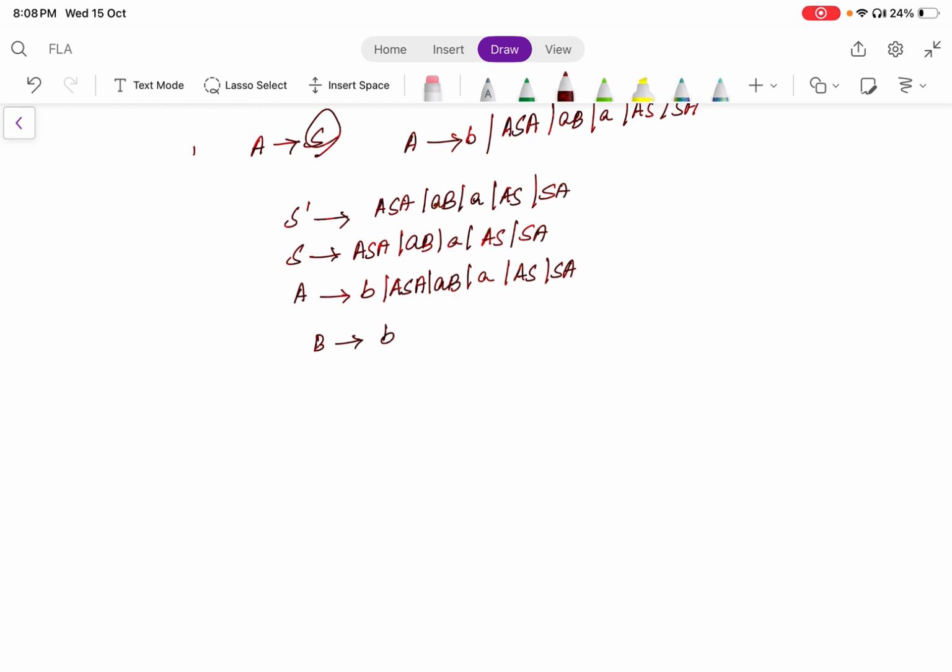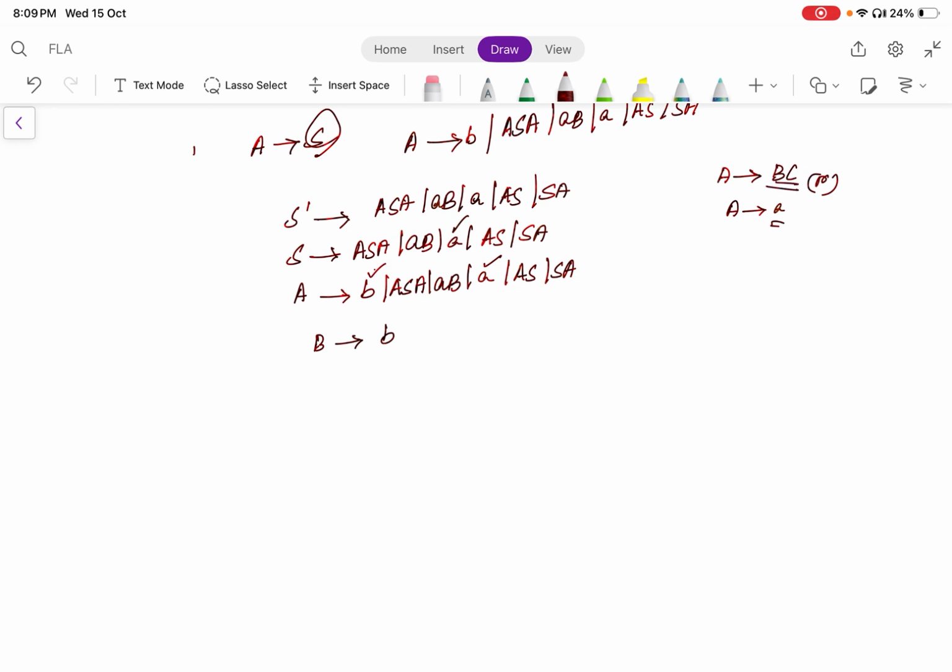Now find out which productions are not of this form, or not of this form. So this is of this form only, or a single terminal symbol. This one is also already in CNF. This one also already in CNF.